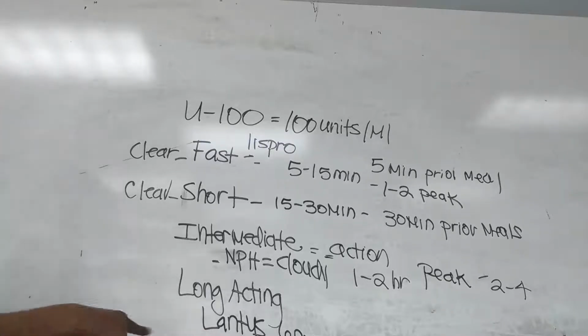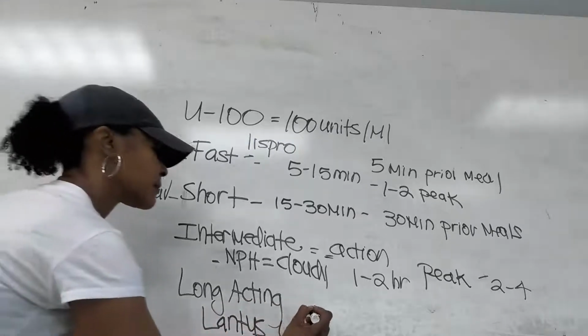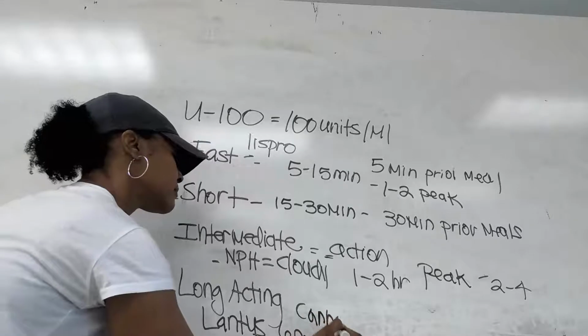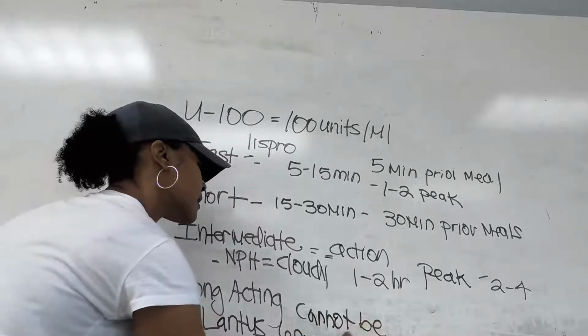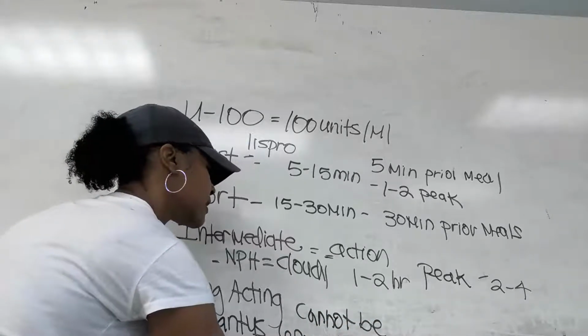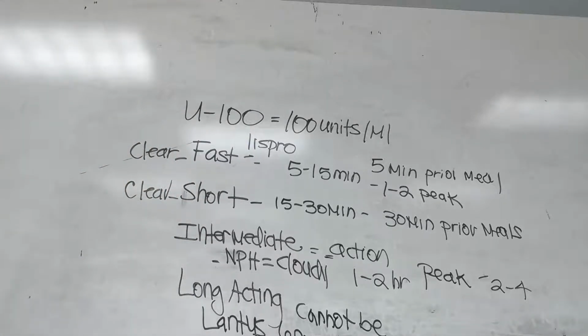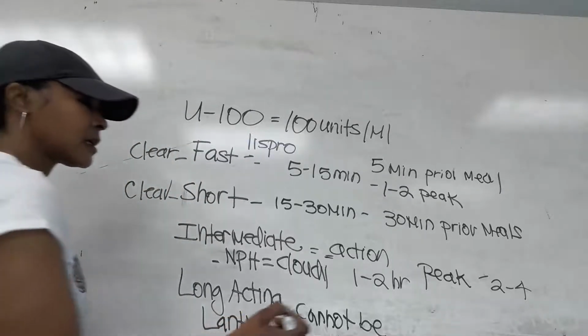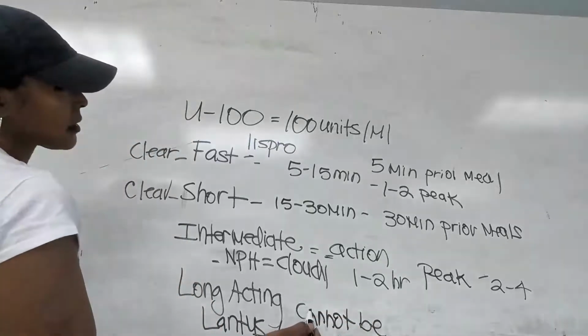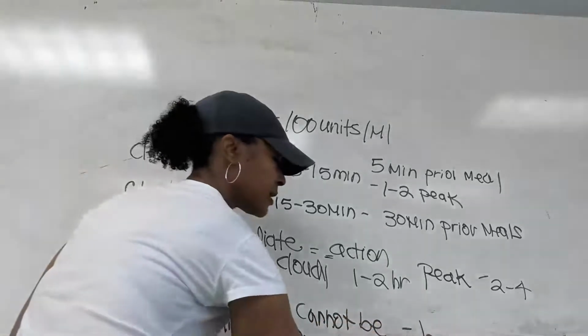So long-acting insulin must be given at the same time every night, okay? And this medicine cannot be mixed with any other. It cannot be mixed. The action time is 1 to 2 hours, I believe.